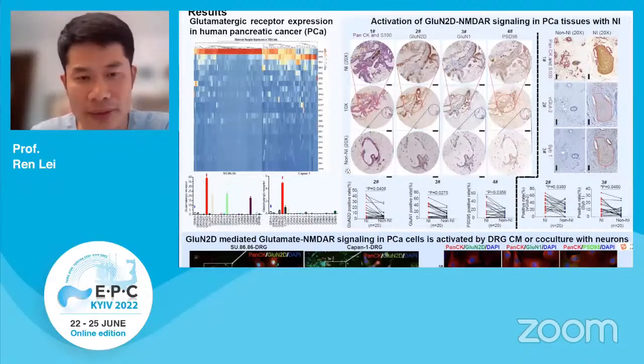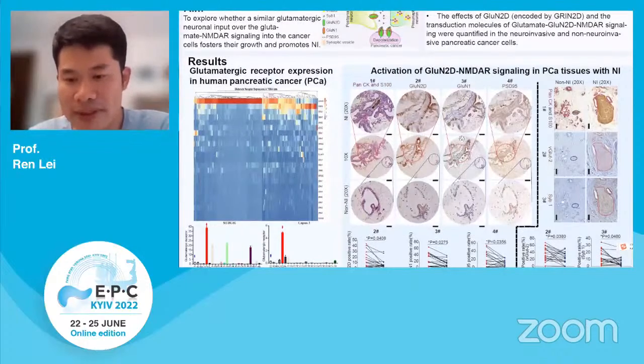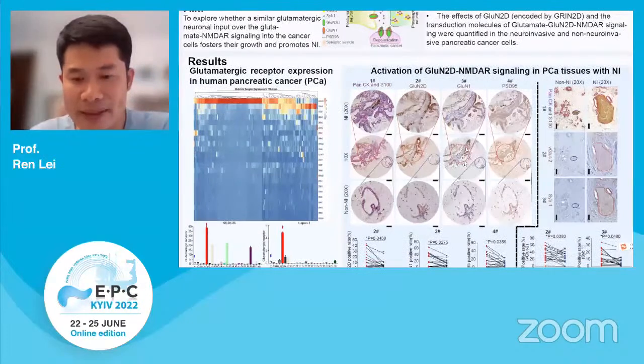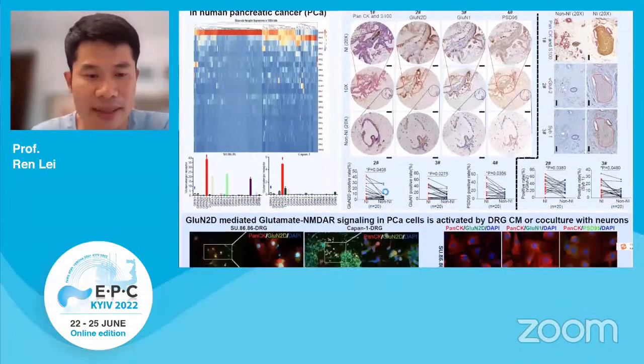Finally, we focused on the GRIN2D gene, and then we performed immunohistochemistry and found that the transduction molecules of this glutamate NMDA signaling were active in human pancreatic cancer tissues with neural invasion, and could also be activated by DRG conditioned medium and co-culture with DRG. This result we didn't show here because of the limited space.